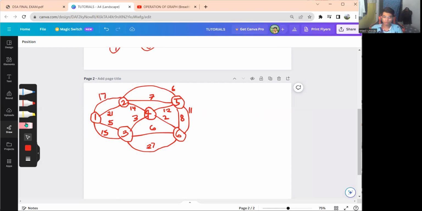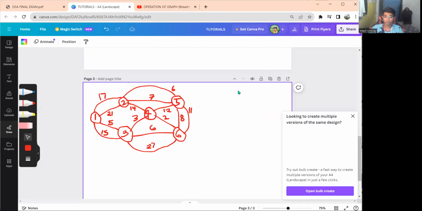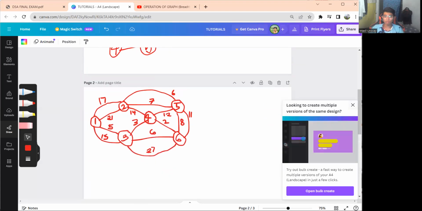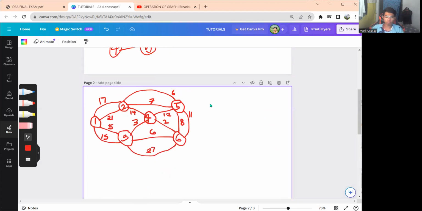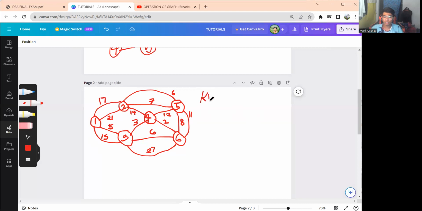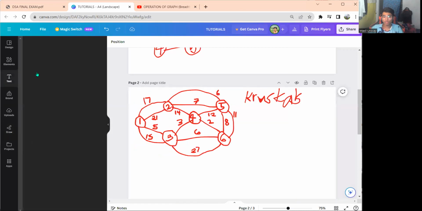So with Kruskal's minimum spanning tree algorithm, class, we have 3 steps that we are following here.